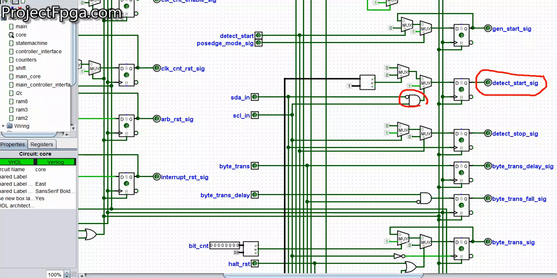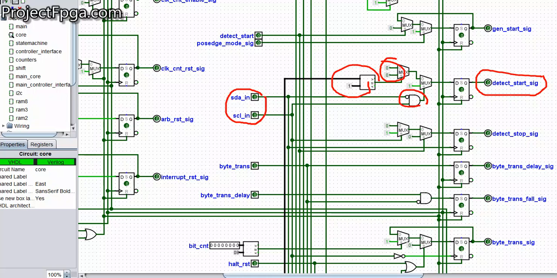This is it. These are where they came from, the SDA in and SCL in. So whenever it detects it, this detect start signal comes on, and then remember whenever it comes on it moves to state 1, and whenever it goes to state 1 turn it back to 0.